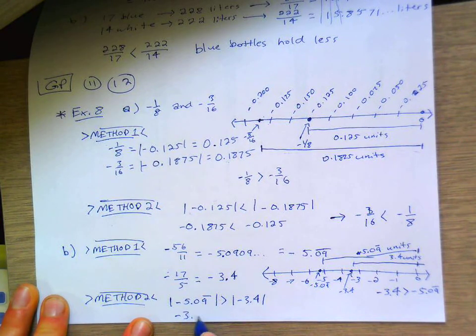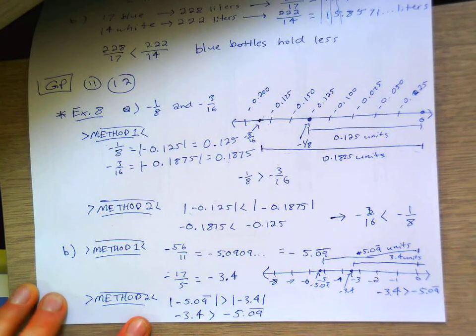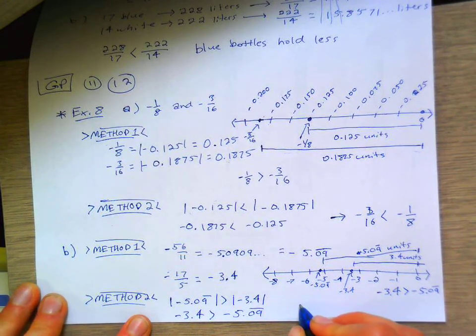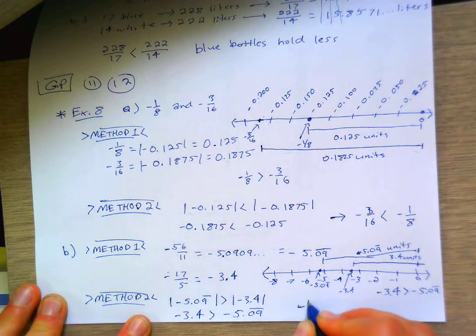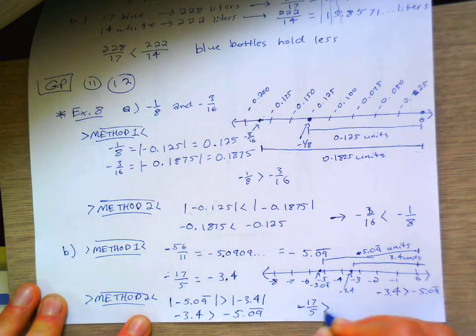They just switch, comparing the place values. Okay, so in summary, to compare these two fractions, since -3.4 is equal to -17/5, it's greater than this fraction, which is -56/11, and that is our answer.